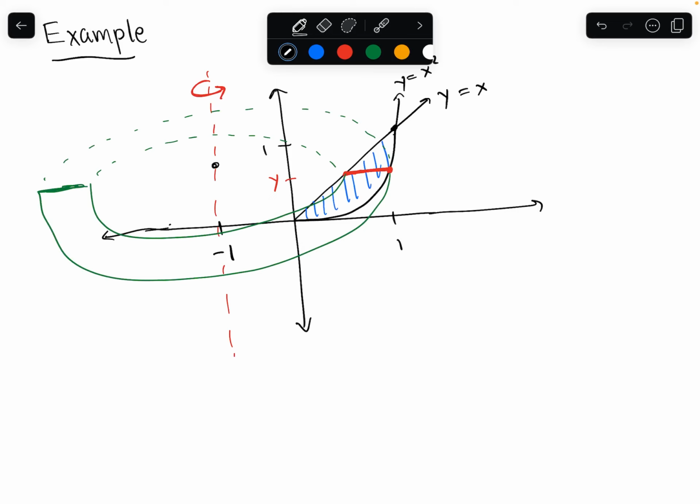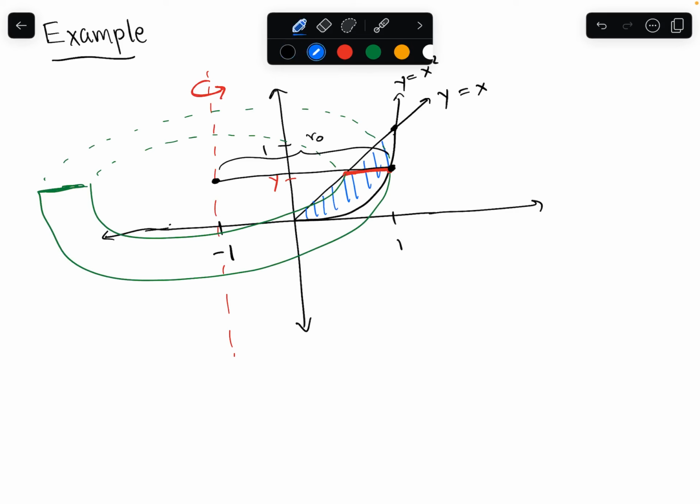Here now, the outer radius is always the distance from the axis you're rotating all the way out to the farthest, outermost part of the washer.